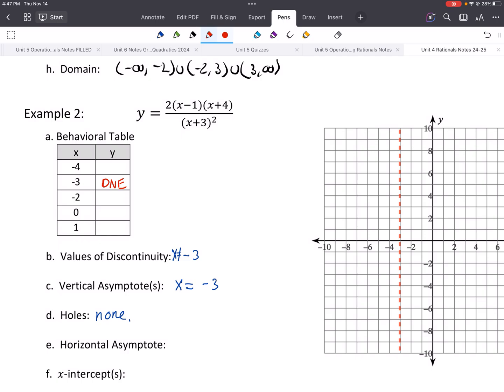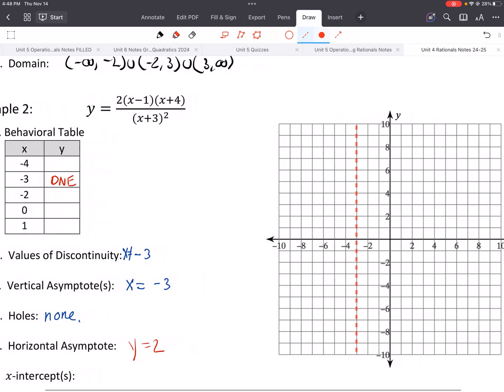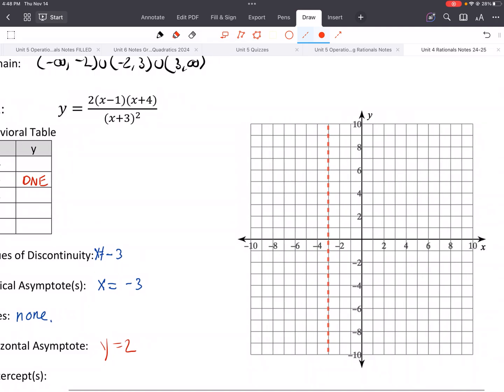So for this one, we have an x squared and an x squared. So they have the same degree top and bottom. So that means we look at the leading coefficients. This would be 2 over 1 or just 2. So y equals 2. Let's sketch that. So y equals 2.